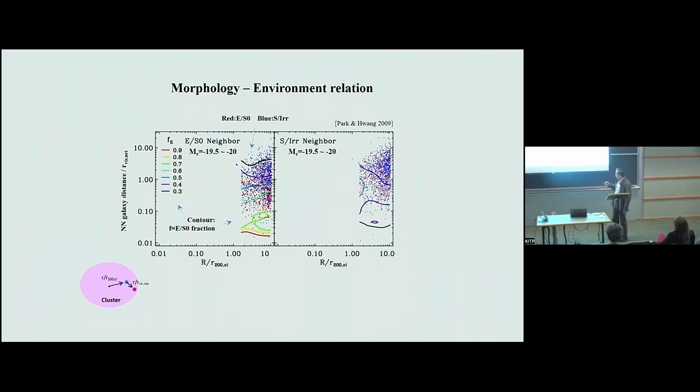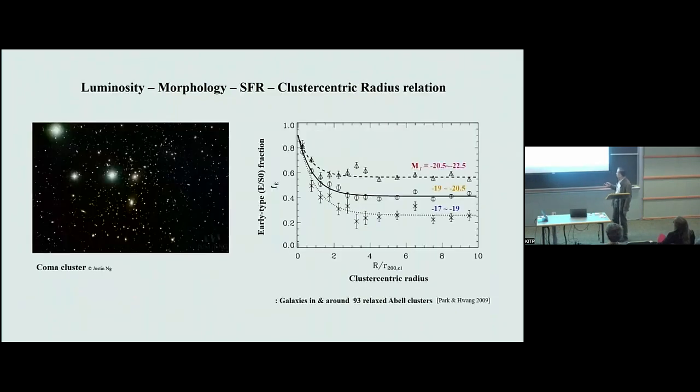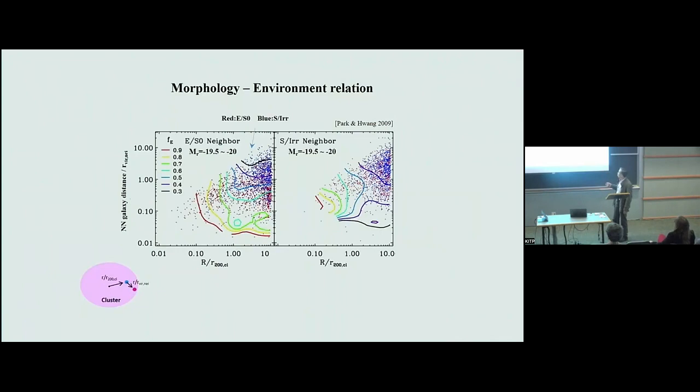Once you enter the cluster virial radius, the situation changes completely, and contours are all vertical, which means the influence of the neighbor is quite weak, and morphology is a strong function of cluster-centric radius.